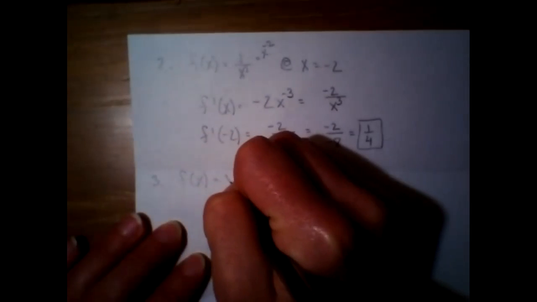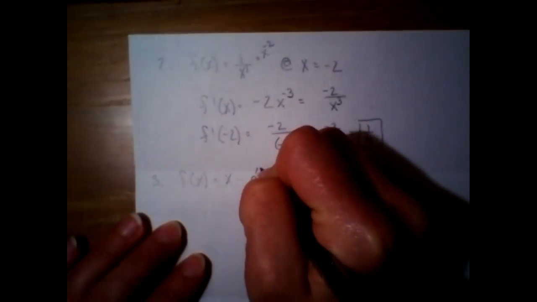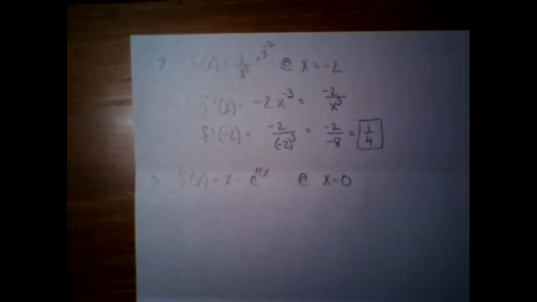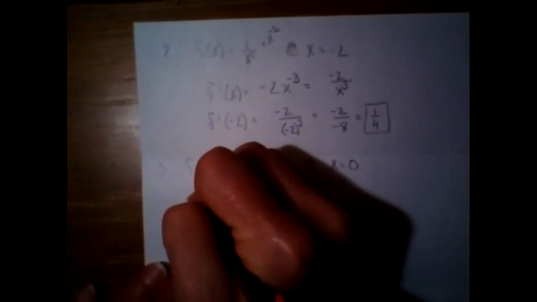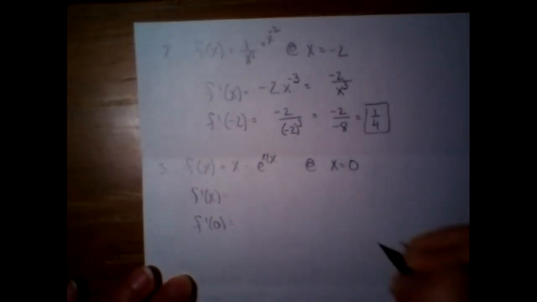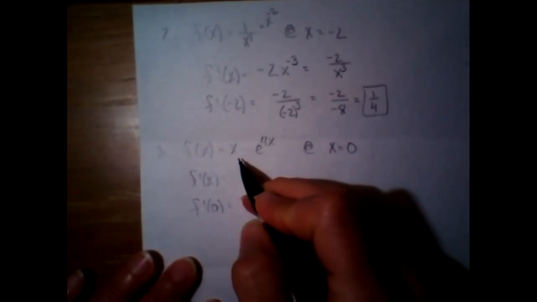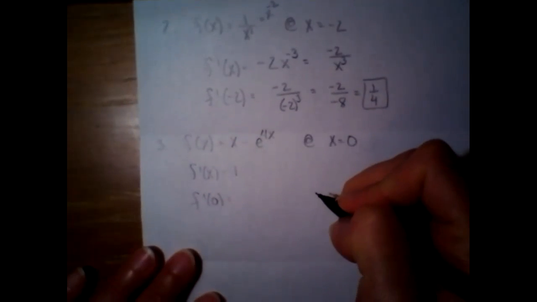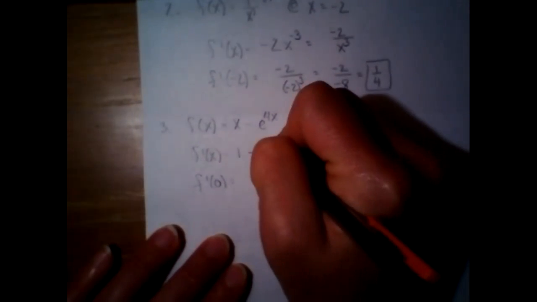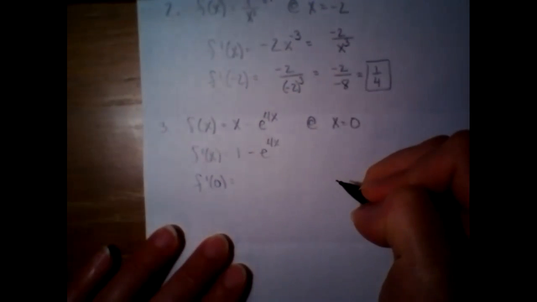All right, so for number 3, this is the function, and we want the derivative at 0. So we're going to find the derivative, and then we're going to plug in 0. So derivative of just x would be 1 minus exponential is itself, so I'm basically just copying that down.